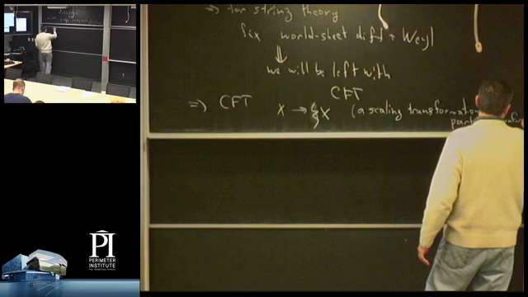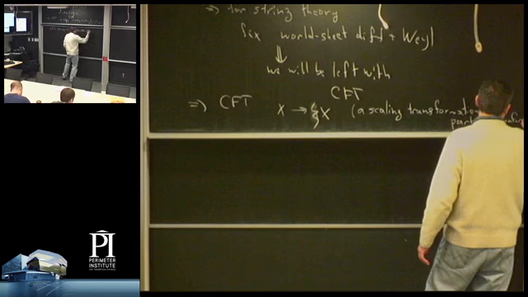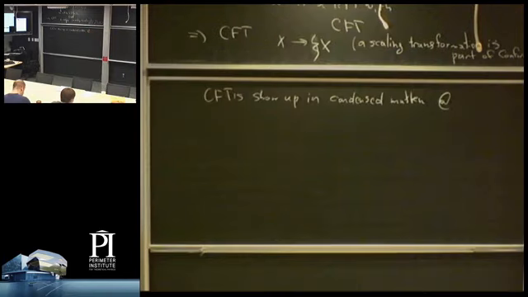The comment I want to make here is that CFTs show up in condensed matter, typically at a second order phase transition. When we talk about phase transitions, exactly at the transition point the dynamics is scale invariant and is described by a CFT.